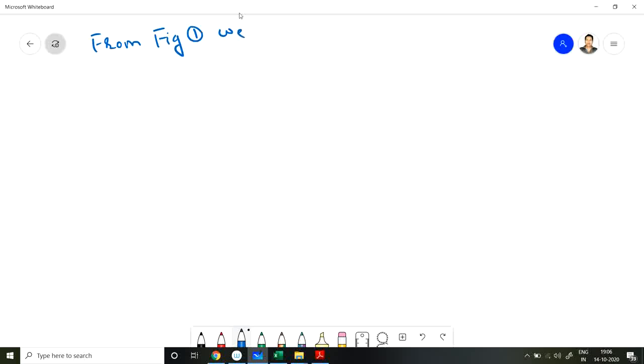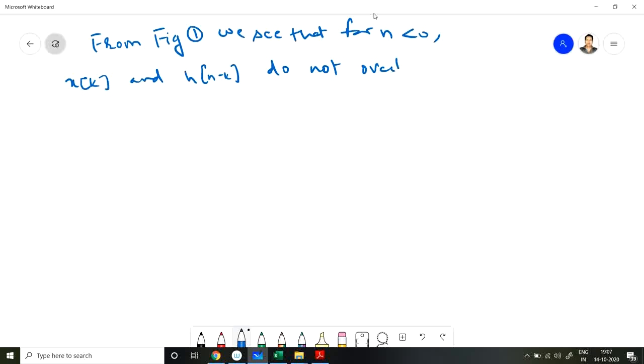From figure 1 we see that for n less than 0, x[k] and h[n minus k] do not overlap.